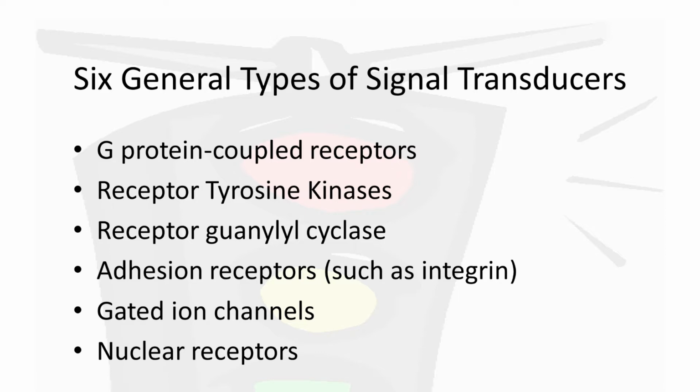But there are 6 broad classes, and almost everything will fit in at least one of these classes. The first class, and one that we'll go into most detail, is called the GPCRs, which stands for G protein coupled receptors. The second largest class are the RTKs, which is receptor tyrosine kinases. Right?